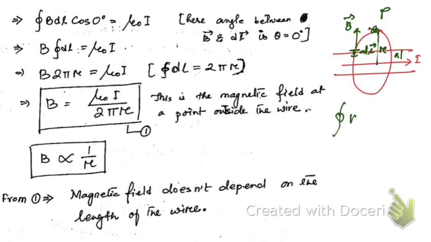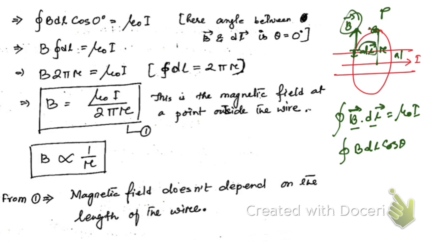According to Ampere's law, the line integral of B dot dl must be mu naught times I. So the integral of B dot dl means B dl cos theta, where theta is the angle between B and dl, which is 0 degrees here. So cos 0 degree is 1, and that's why I have written B dl cos 0 degree.